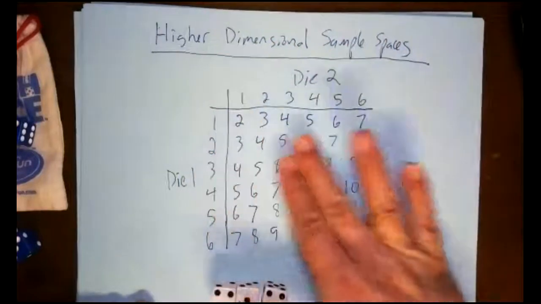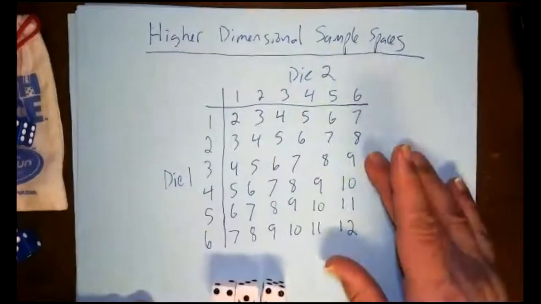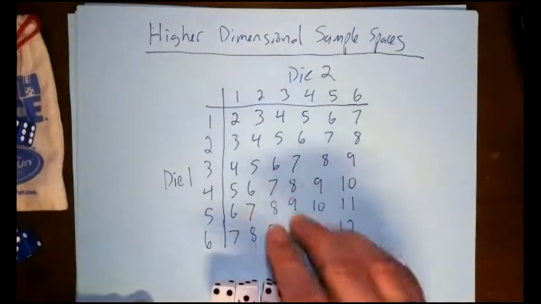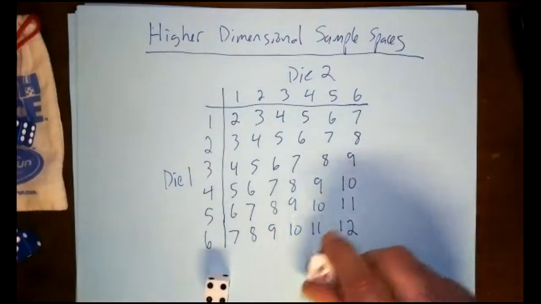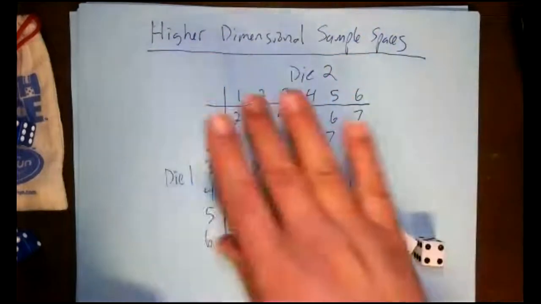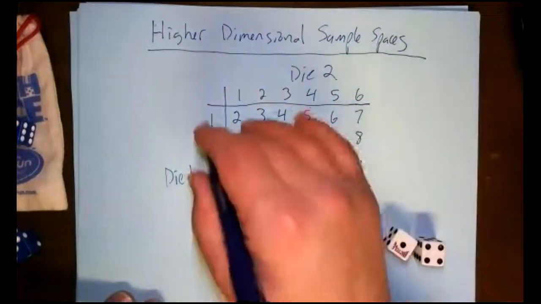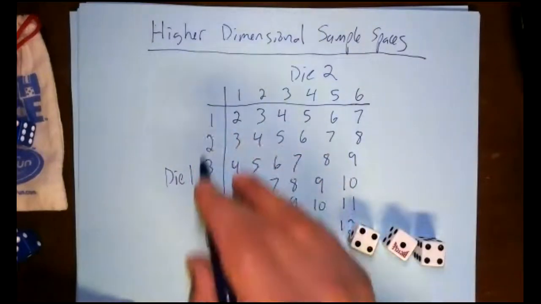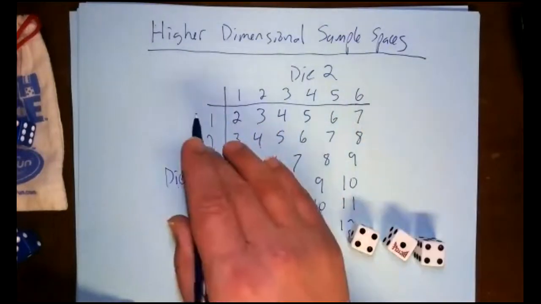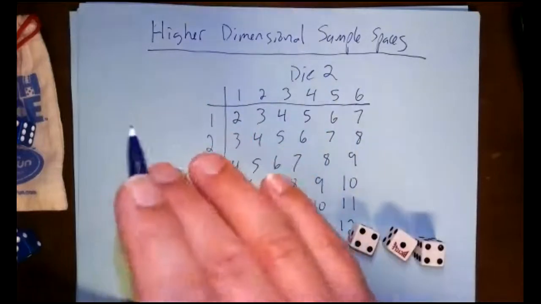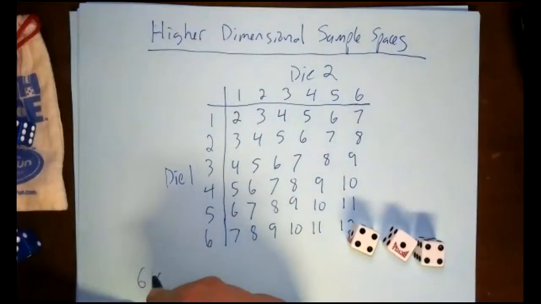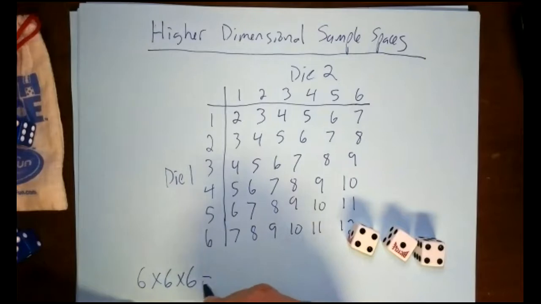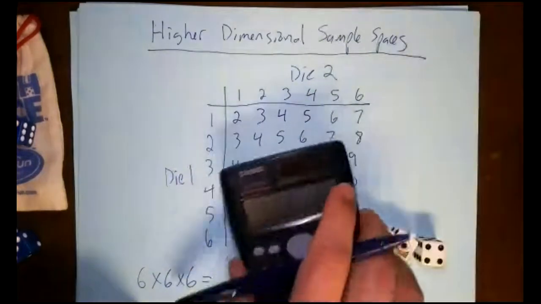That would create a cube of numbers, and the number of numbers inside this cube would be 6 by 6 by 6, like length times width times height.